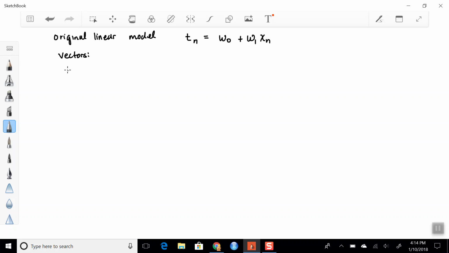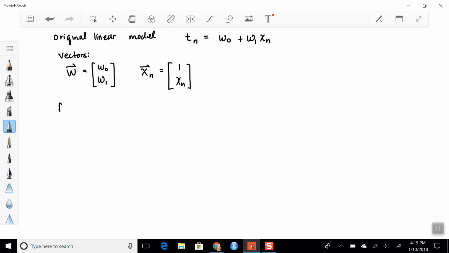We've got vector w. Let me try to just write a little bit neater. Vector w, which will be the values w0 and w1. And then we have the vector xn, which is going to be the value 1 and xn.